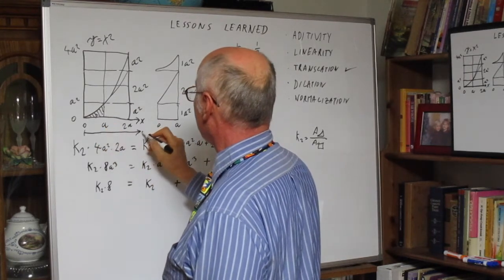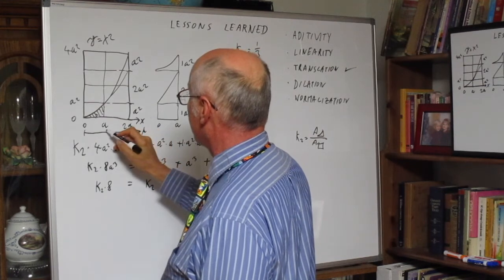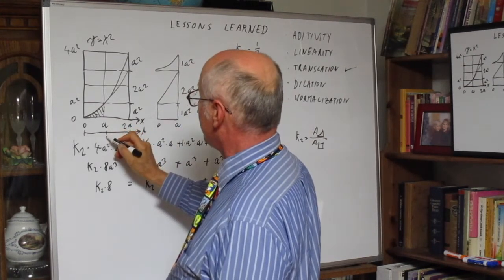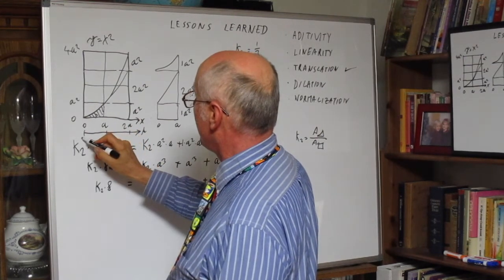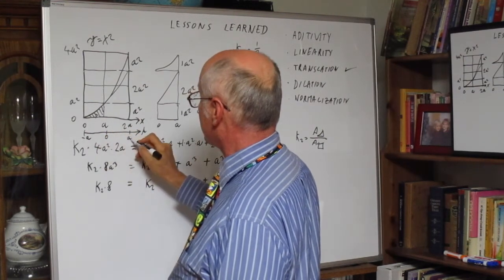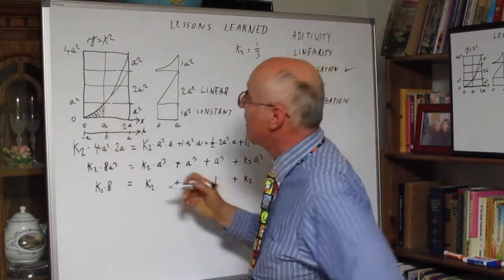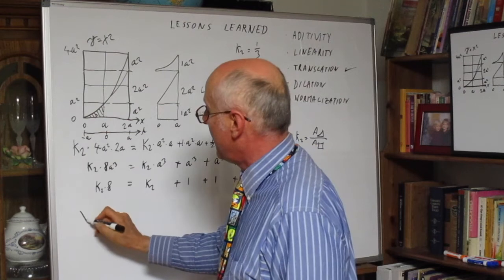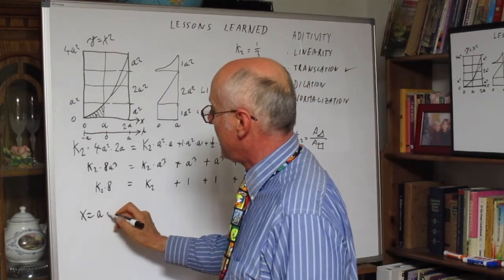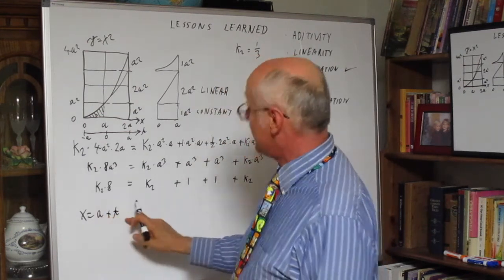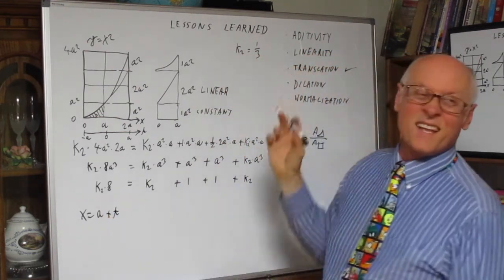Basically, superimpose the t-axis right on top of the x-axis, but say t equals 0 at minus a to plus a. You see how the relationship is between the x and the t? Basically we're saying x equals a plus t. That's translation.